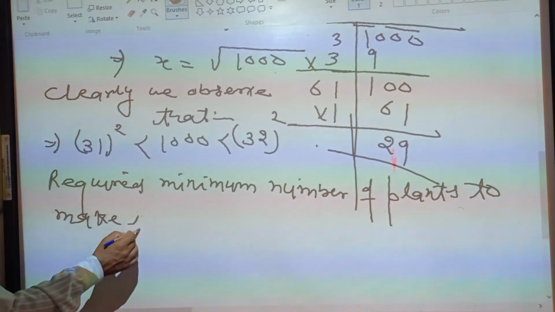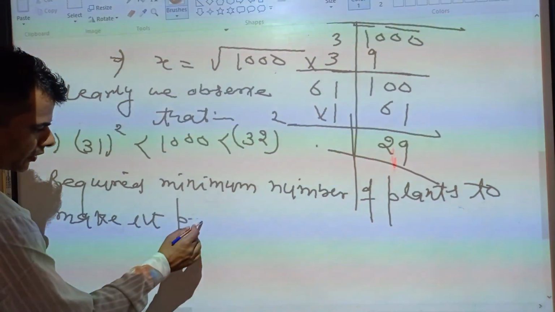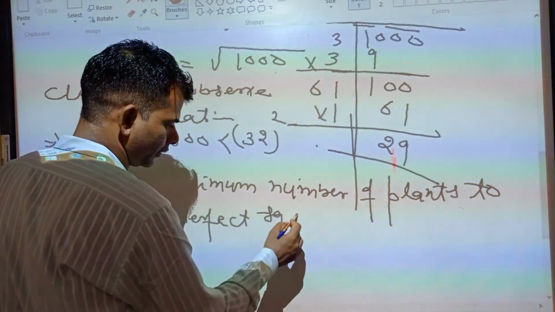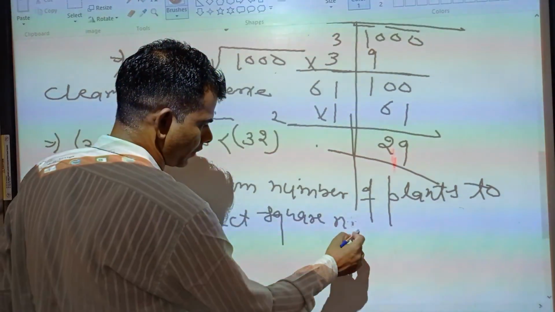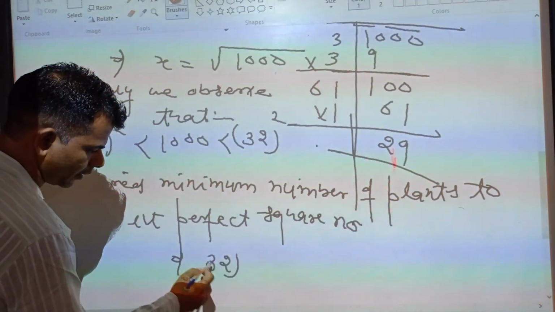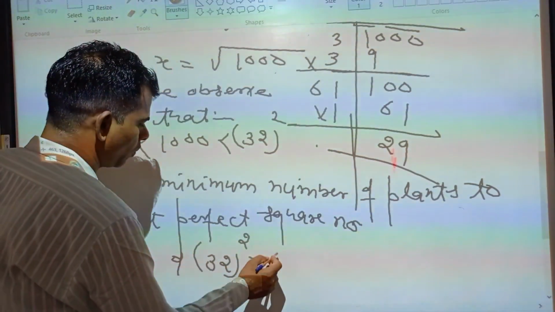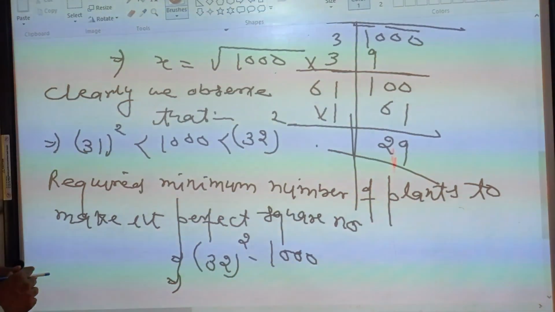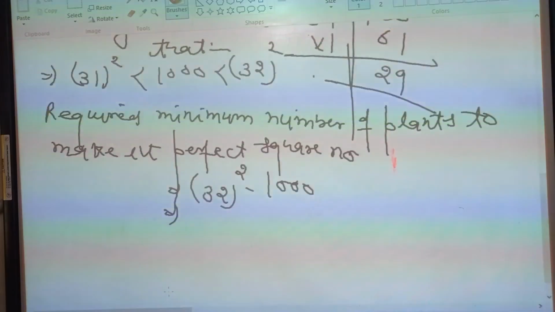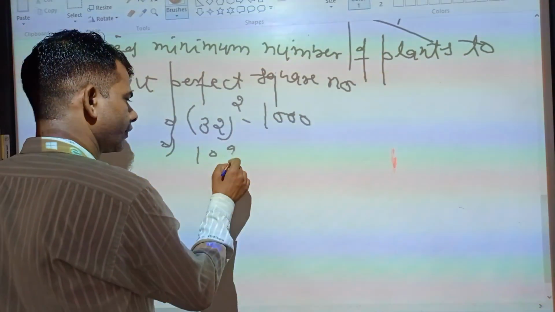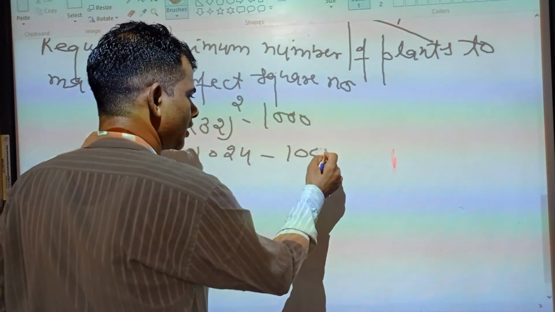Now 32 square minus 1000. Now square of 32 is 1024, and 1000.